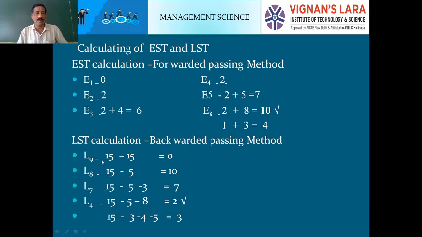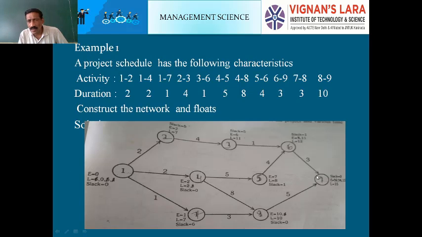And the backward passing method for LST: going from right to left is called the backward passing method. 15 minus 15, 0. The last activity is 0. Next, latest starting time at event 8: 15 minus 5, which is 5.